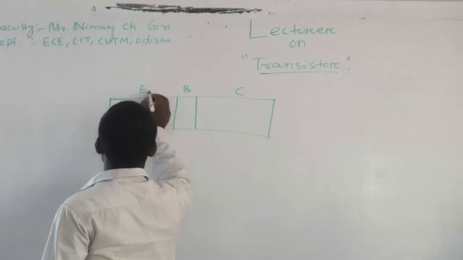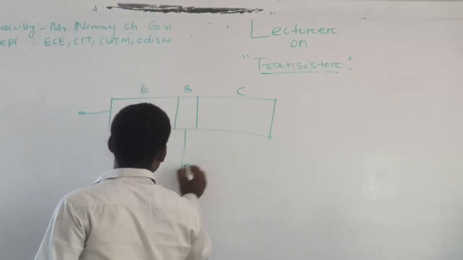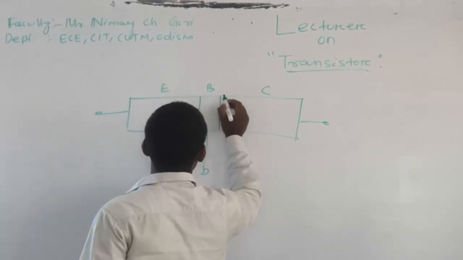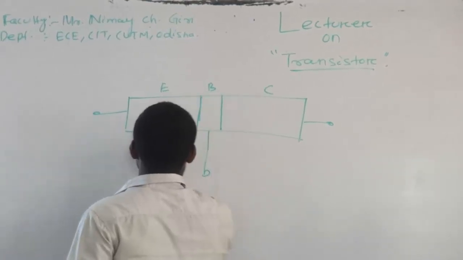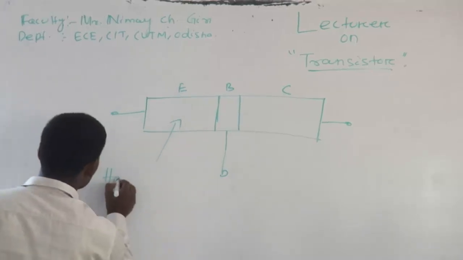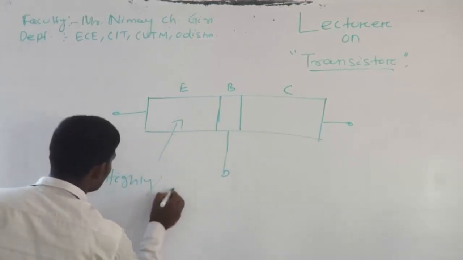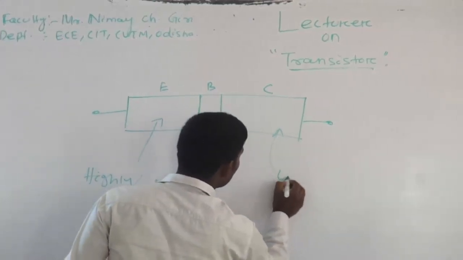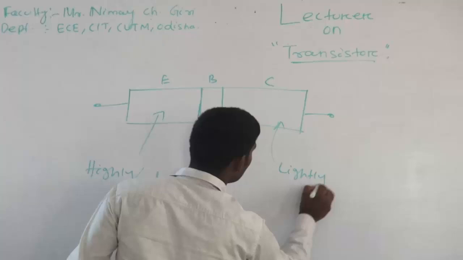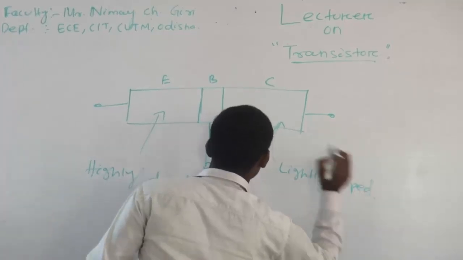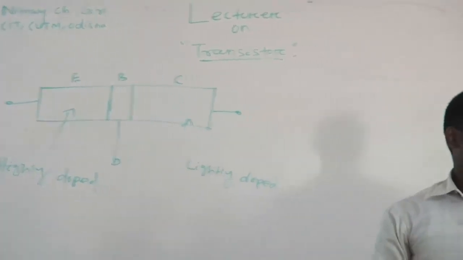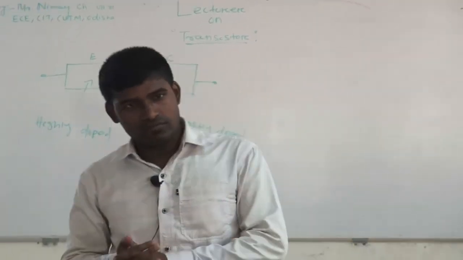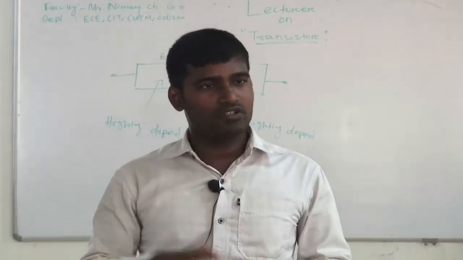Base, emitter, highly doped, lightly doped. So current conduction fully depends upon the doping nature of the transistor.